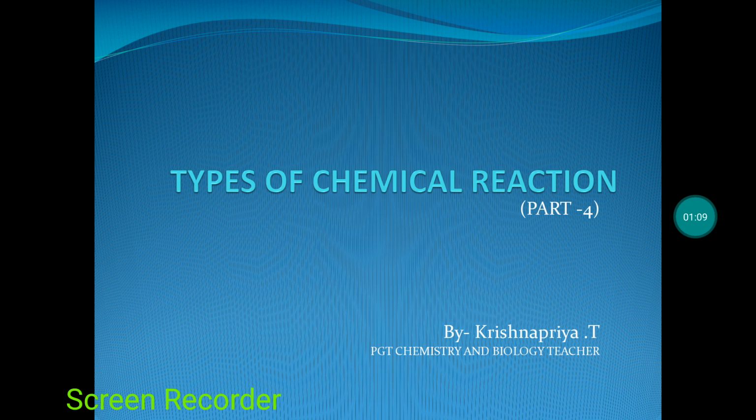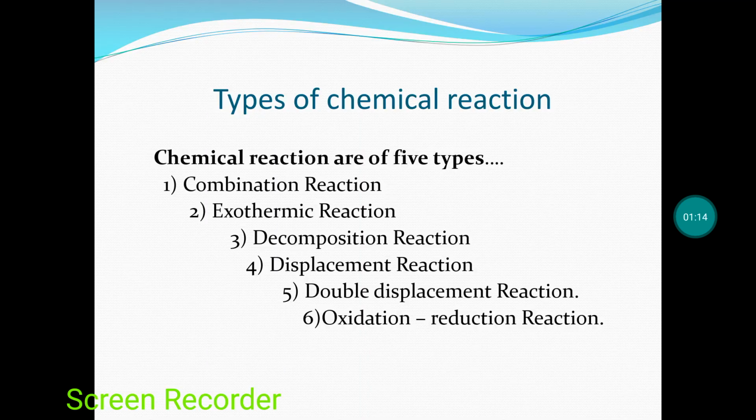So, see here, what is a chemical reaction? First of all, see what types of chemical reaction there are. Chemical reactions are of six types, as I mentioned here: combination reaction, exothermic reaction, decomposition reaction, displacement reaction, double displacement reaction, and oxidation reduction reaction.